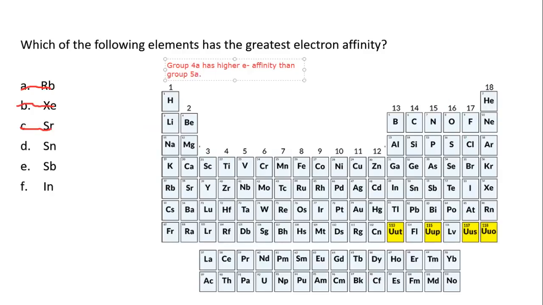I almost caught myself in that trap. So while you want to say antimony is greater than tin, actually tin has the highest electron affinity because there's that exception. So tin is the correct answer.